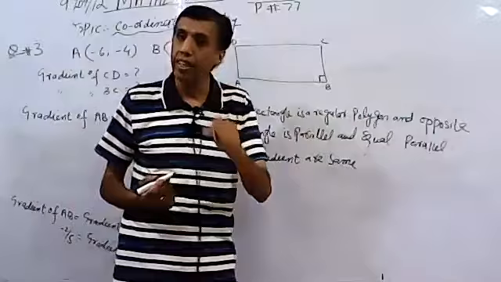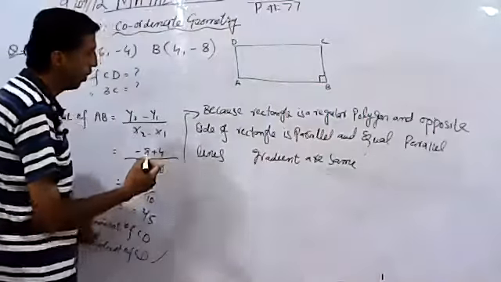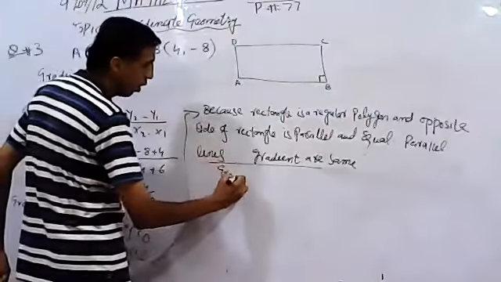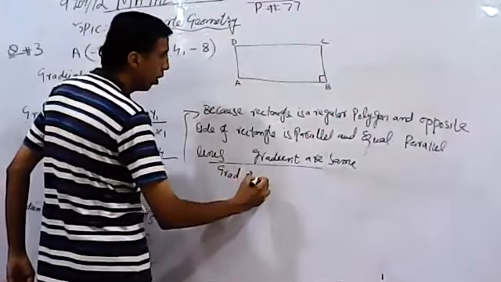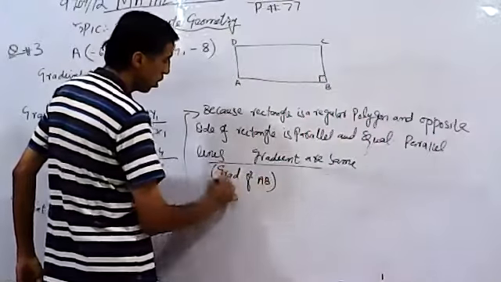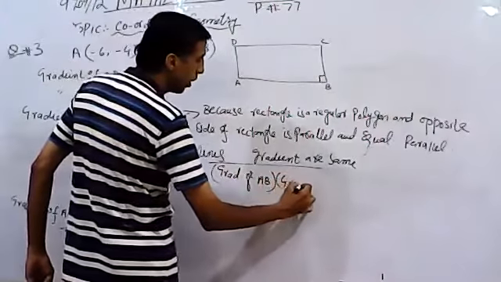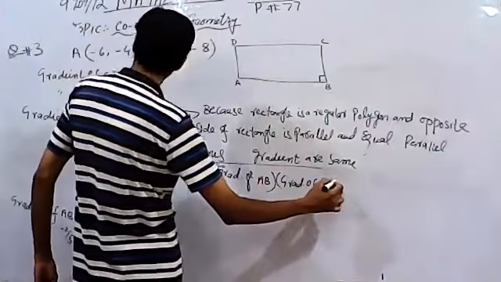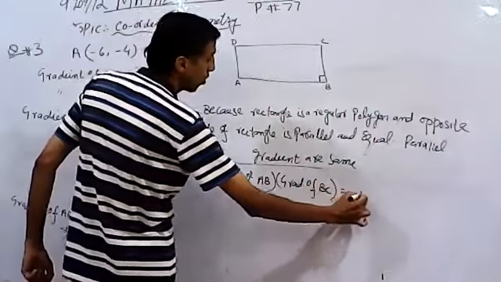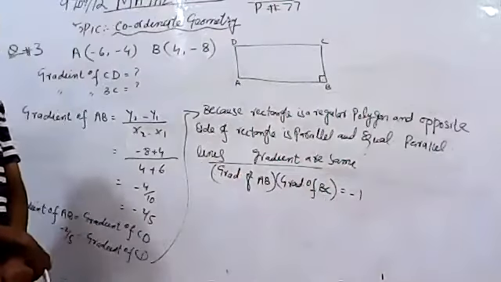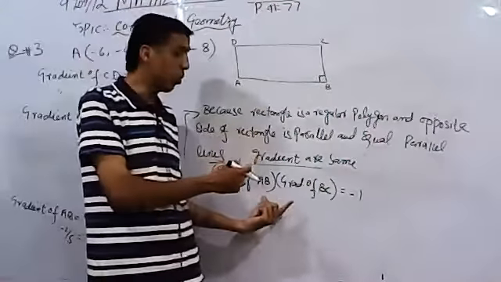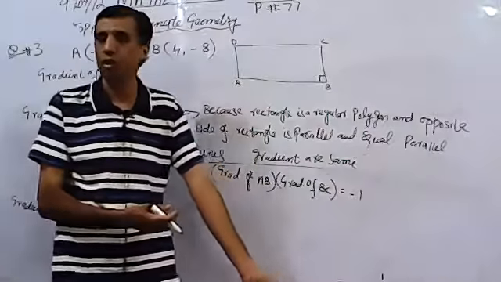So the gradient of AB times the gradient of BC is equal to minus 1, because for perpendicular lines the product of the two gradients is equal to minus 1.